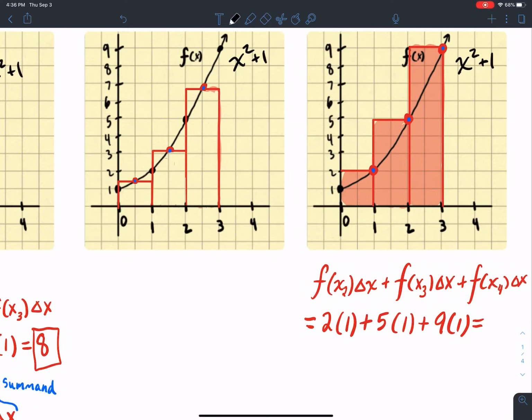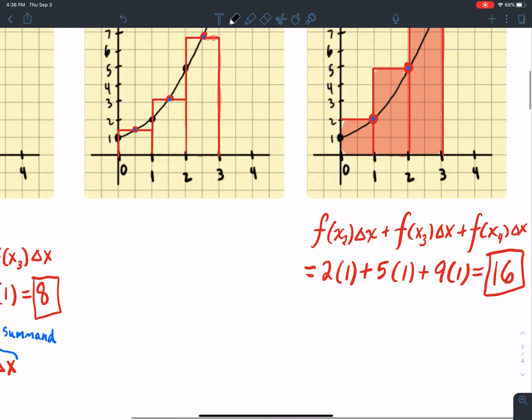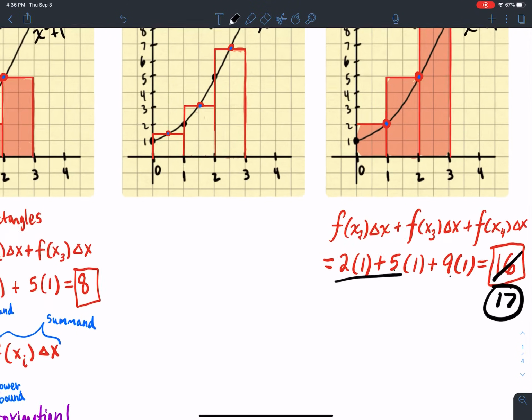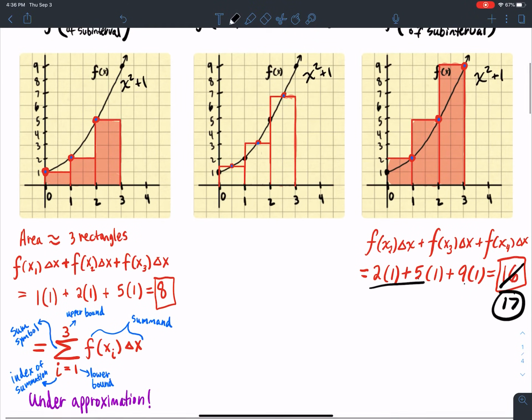So, sorry, that answer was not the right number, but 2 plus 5 plus 10 should be 17. So just take a note of that. Make sure you keep that correct and straight in your notes. So that should be 17.